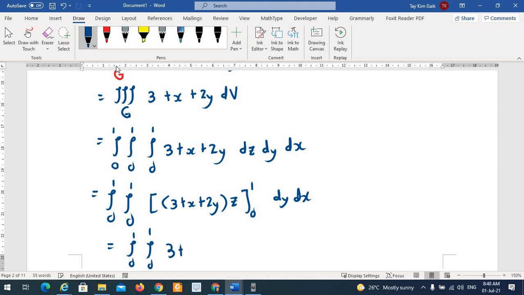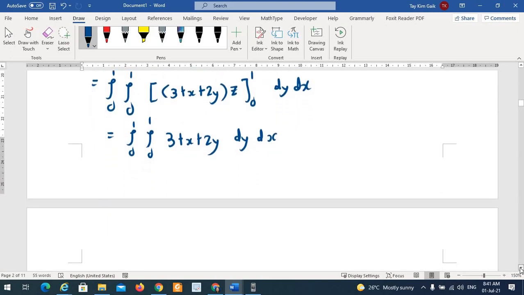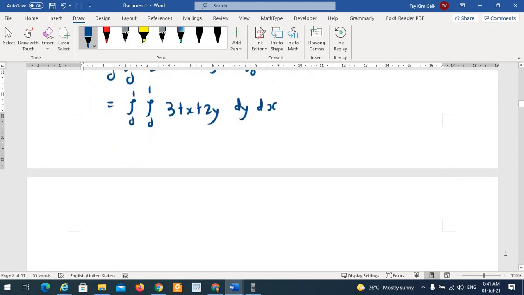Once we integrate with respect to z, 3 plus x plus 2y is constant times z. Plug in z from 1 to 0, you get 1. So you are left with the double integral of 3 plus x plus 2y dy dx, where y is from 0 to 1, x from 0 to 1.